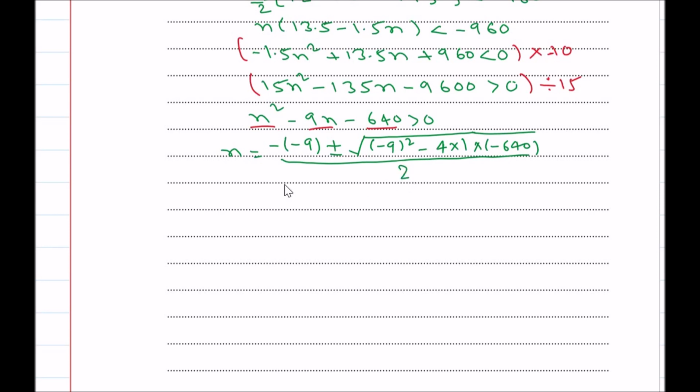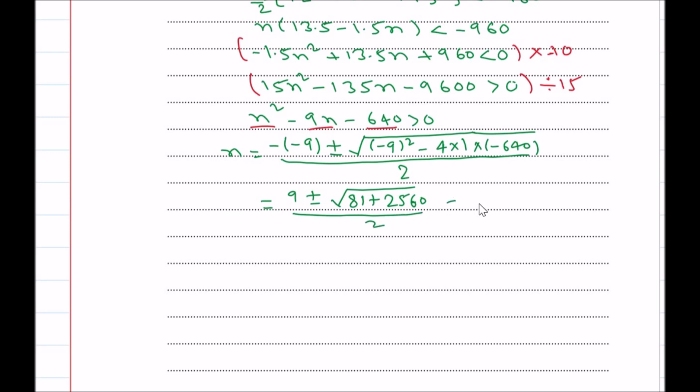Okay, now if you calculate this, we get 9 plus minus root under 81 plus 2560 and divide by 2.